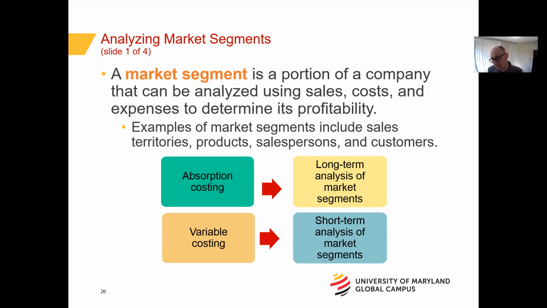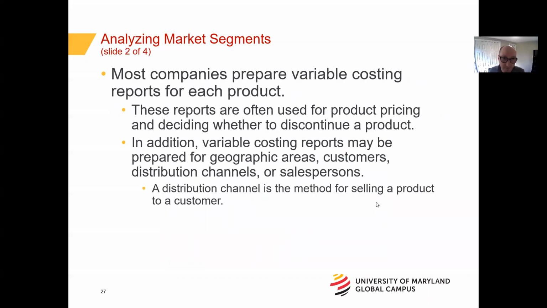Variable costing is good for short-term analysis of market segments. It's the opposite of planning for production. Planning for production, short-term absorption, long-term variable. Under market segment, absorption, long-term. Variable costing, short-term. It's the opposite, yes?